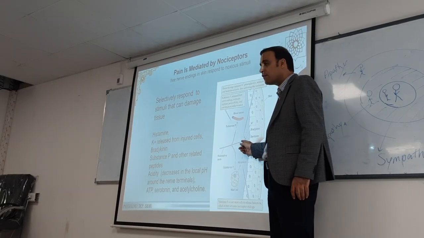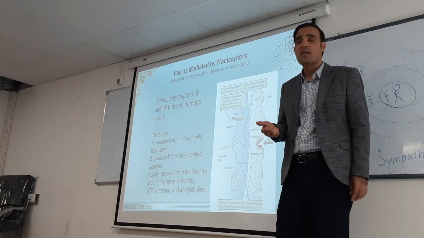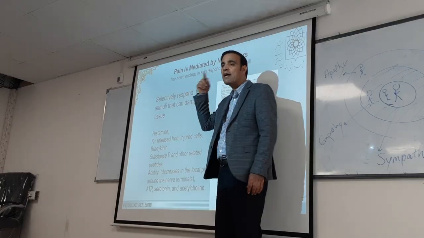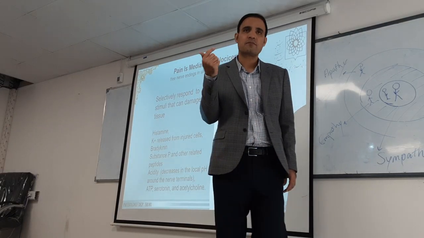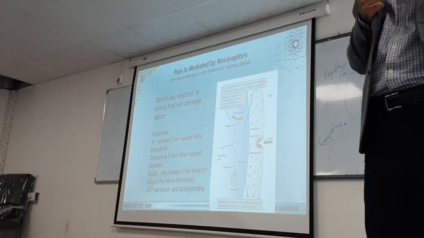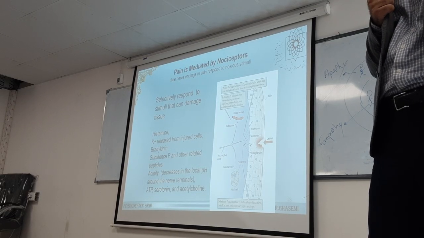All these factors will stimulate the nerve ending, and if they are enough, they generate an action potential. This action potential will travel to the brain, and we will feel pain. In fact, we say that nociceptor activity is perceived as pain.